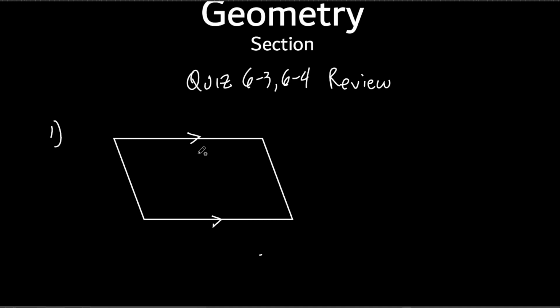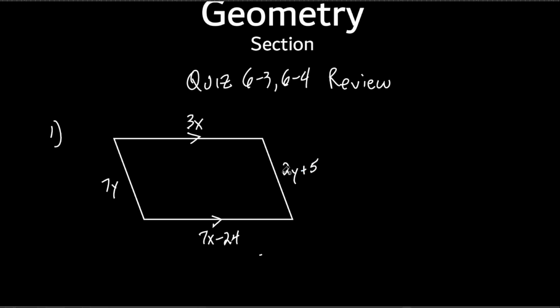Not right now, okay? Just because you have one pair of opposite sides parallel does not mean it's a parallelogram right now. But they do tell you that they are parallel to each other, and they give you the lengths of the sides.